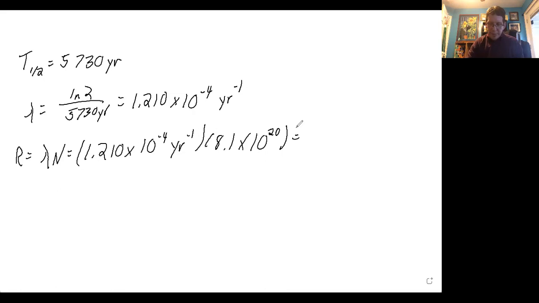And so that's 9.8 to two significant figures, 9.8 times 10 to the 16 inverse years.